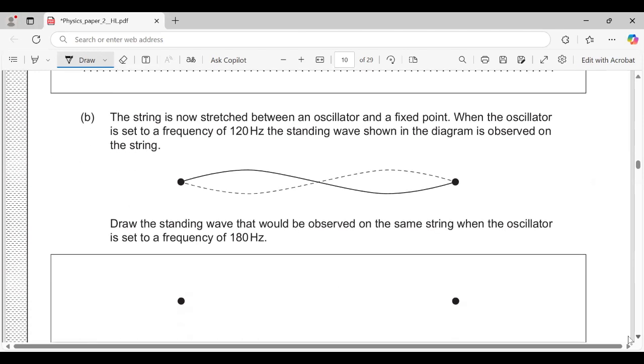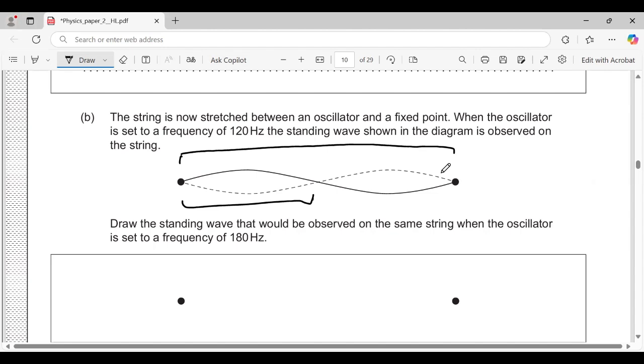The string is now stretched between an oscillator and a fixed point. When the oscillator is set to a frequency of 120 Hz, the standing wave shown in the diagram is observed on the string. It is 120 for one oscillation, so from this point to this point is 60.